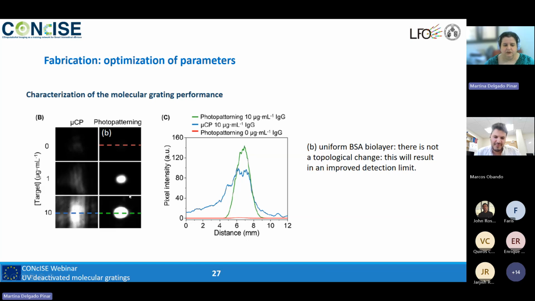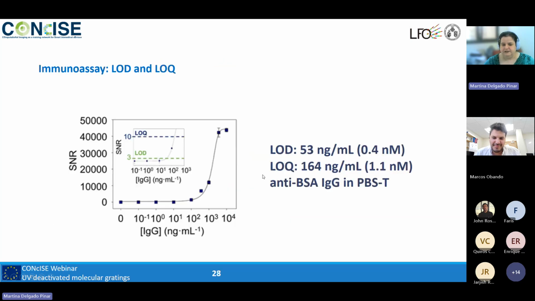You can see that in the case of photopatterning, they are more well defined, as you can see here also in the profile. With this, we could obtain the limit of detection and limit of quantification of the immunoassay, and we could see that both values were better than the case of microprinting in planar structures and also the microprinting on fiber tapers.